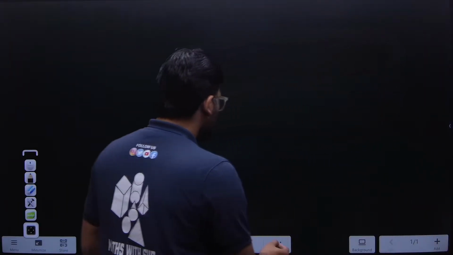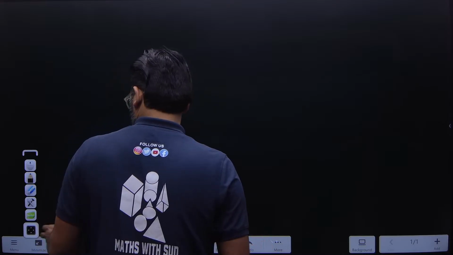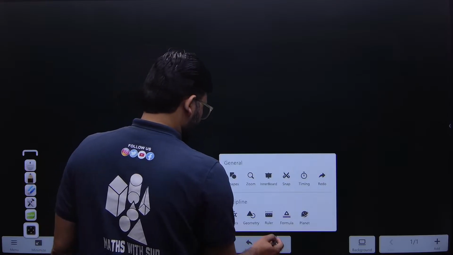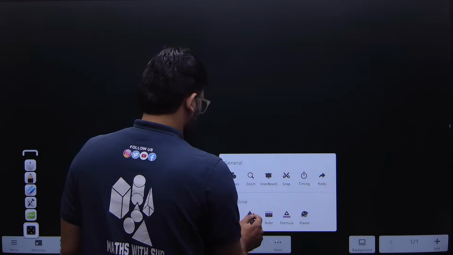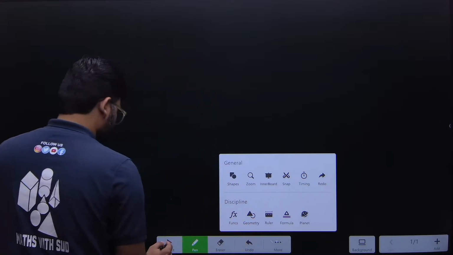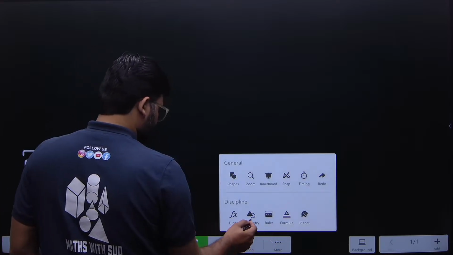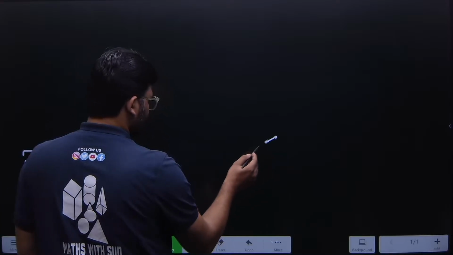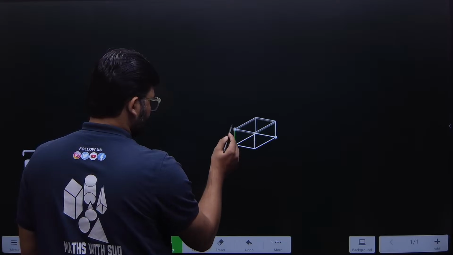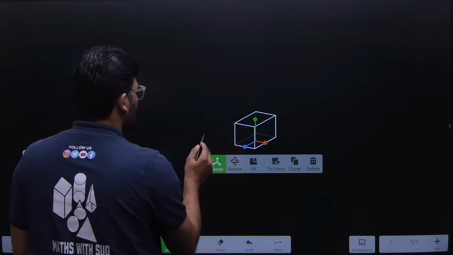Is this statement true? Let me show you as well. Now this is a polyhedron.